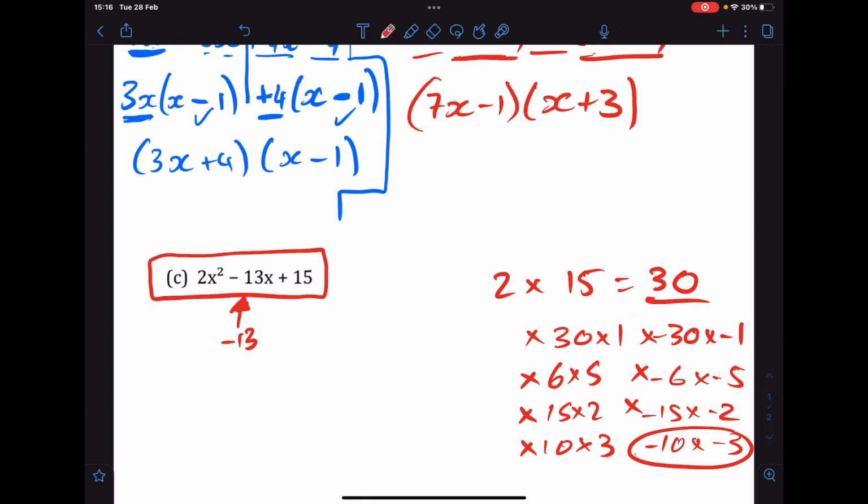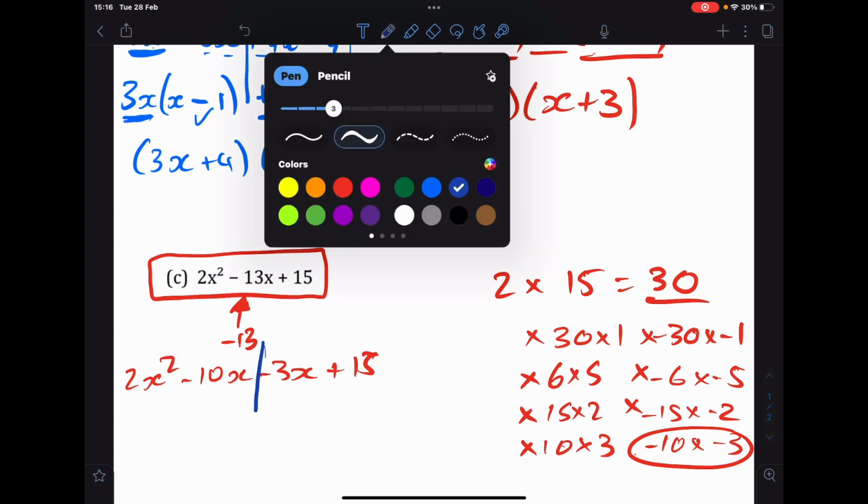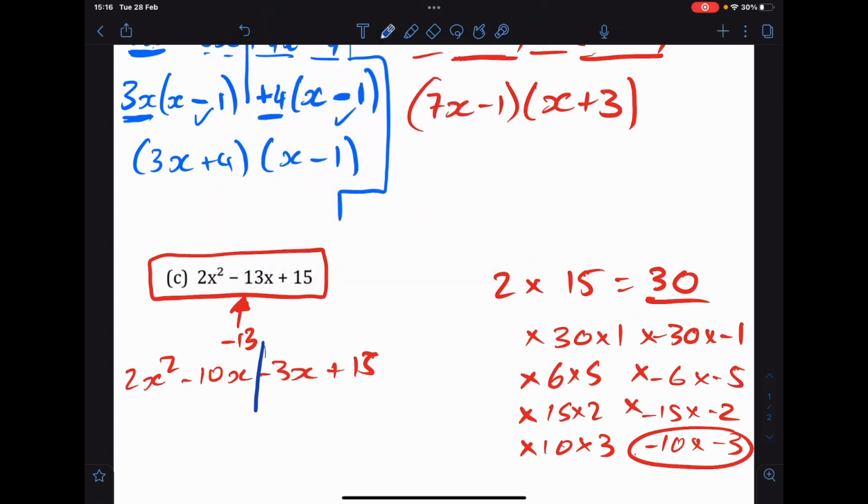So I'm going to replace the minus 13x with minus 10x and minus 3x. So 2x squared minus 10x minus 3x plus 15. I'm going to split the shape up, factorize each side. So here I can take out 2x. What do I multiply 2x by to get 2x squared?